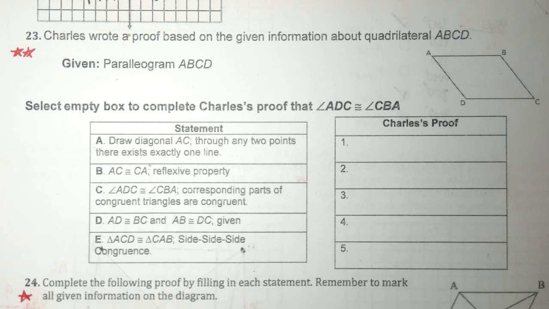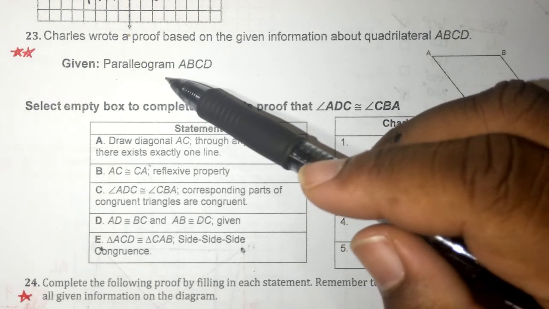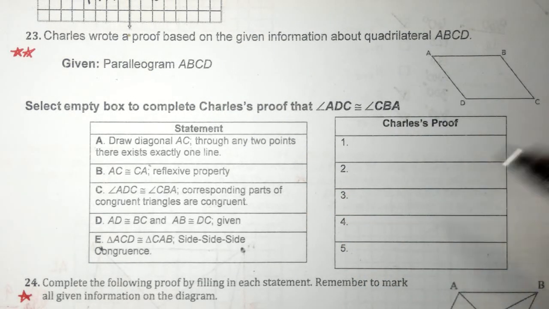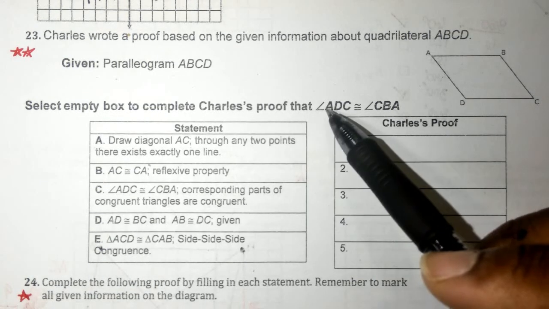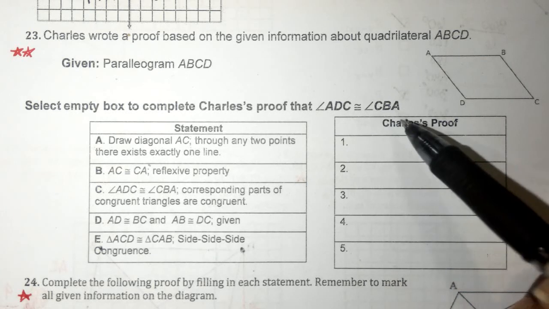Charles wrote a proof based on the given information about quadrilateral ABCD. So what was given on this one, they told you it's parallelogram ABCD. So they're calling this a parallelogram. That being said, they want to prove that angle ADC is congruent to angle CBA.